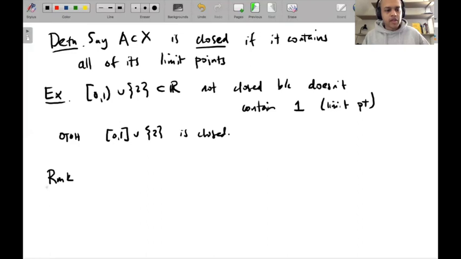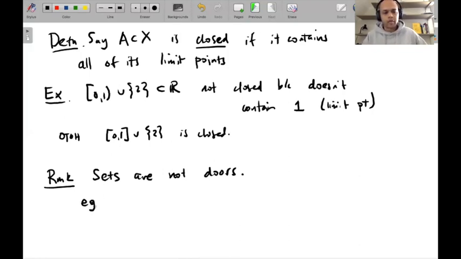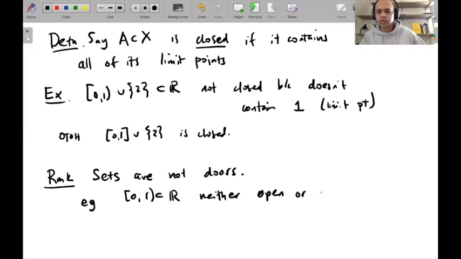A remark about this definition, you have to be a little bit careful: sets are not doors. Sets don't have to be either open or closed. They can be both or neither. To illustrate, this subset of R is neither open nor closed.